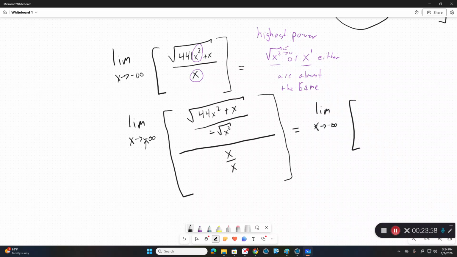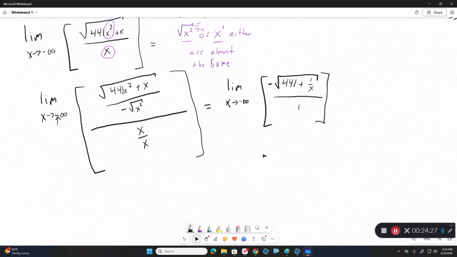That's why we do it. Because both of these are underneath a square root, we can combine them. I'm sorry, I forgot a 1 when I wrote that. This is going to be the negative square root of 441 plus 1 over x, divided by 1.